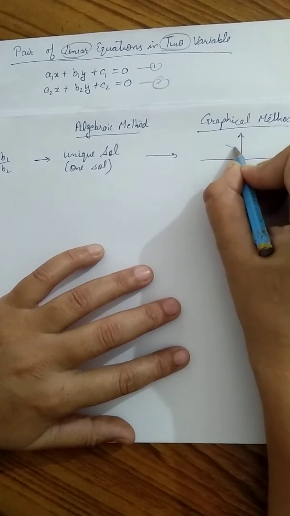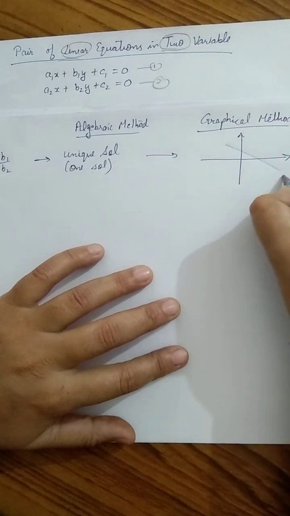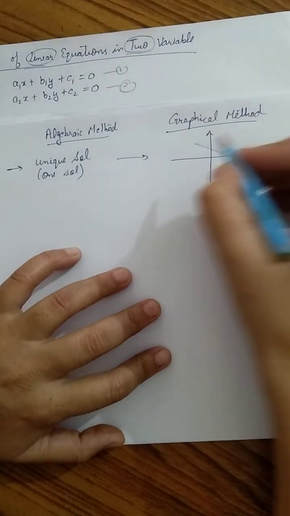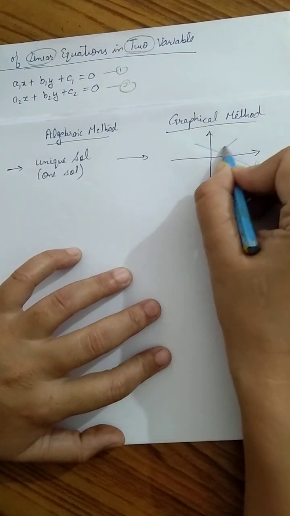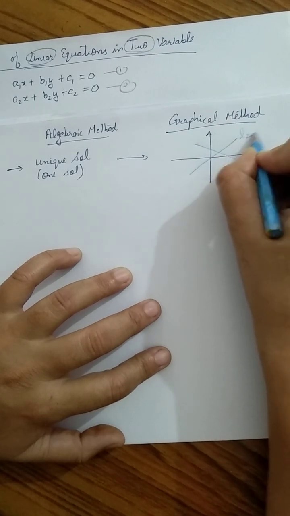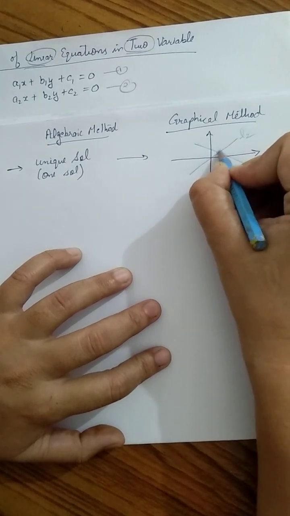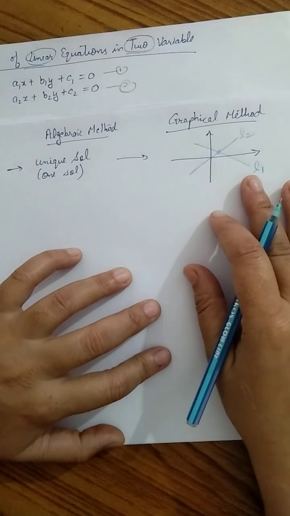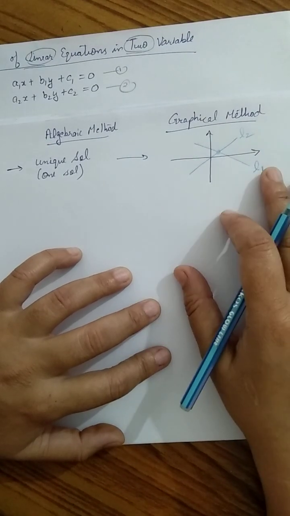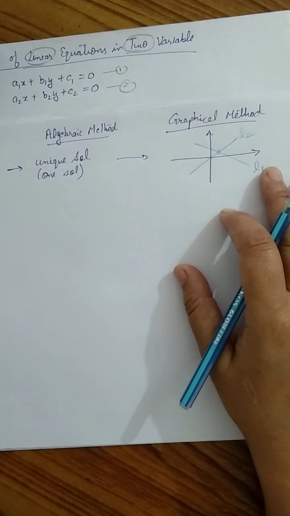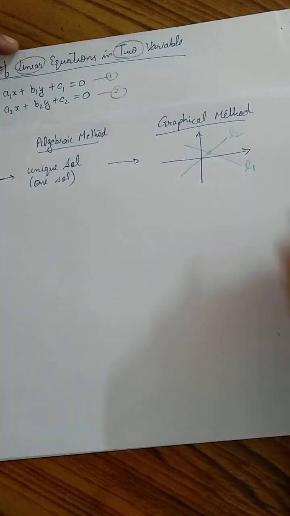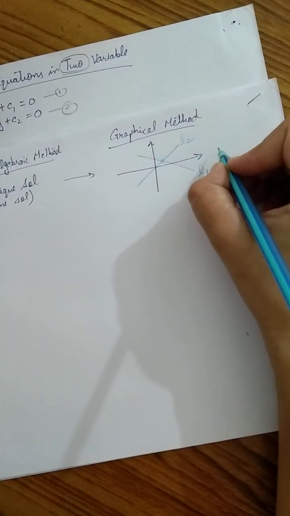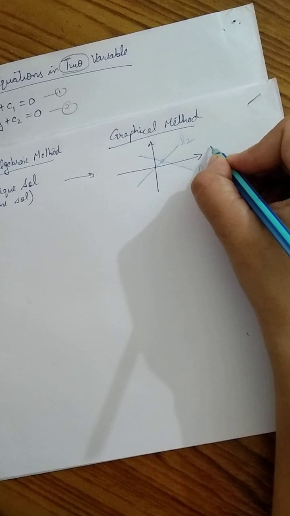For example, this is the graph of the first line L1, and this is the graph of the second line L2, and you can see that they intersect at one single point.